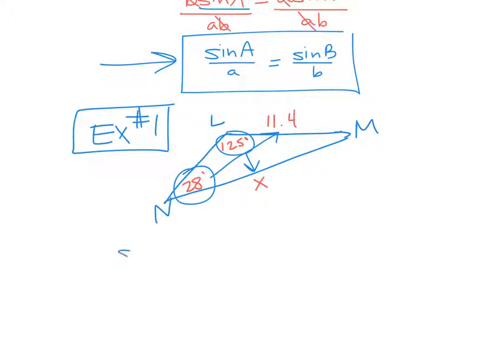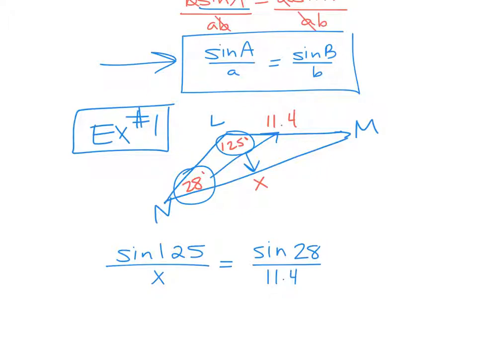So if I say sine 125, what is the side linked to that? X. So we're gonna say sine 125 over X, and then sine what? 28 over 11.4. Okay, so it's always going to be angles attached to the sines and sides underneath it that are related to it.